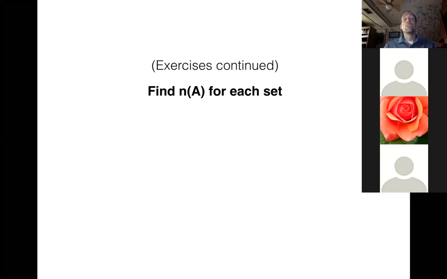Okay. So the next set of exercises is going to bring us to Keenan. And all it says, Keenan, is find n of A for each set. What does n of A mean, Keenan? I'm going to take an educated guess. What's your educated guess?